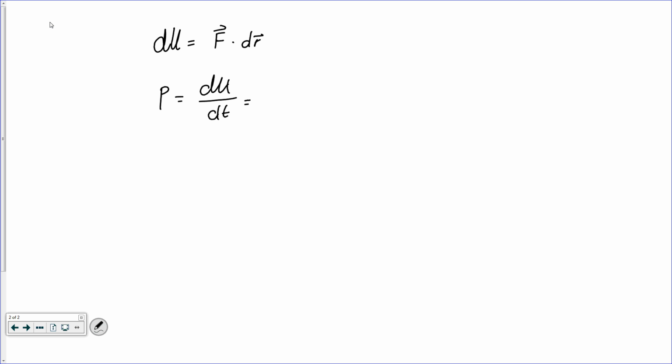But if I plug that in, this is just going to say F dot dr/dt. Ooh, well, I know what dr/dt is. That is my velocity vector. So another way for me to indicate power is to take the dot product of a force times the velocity.